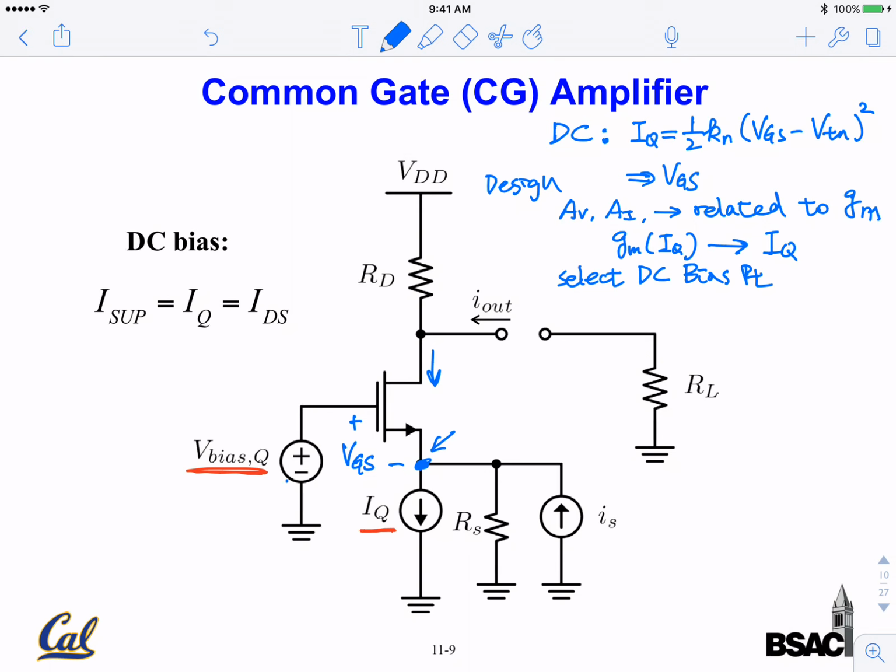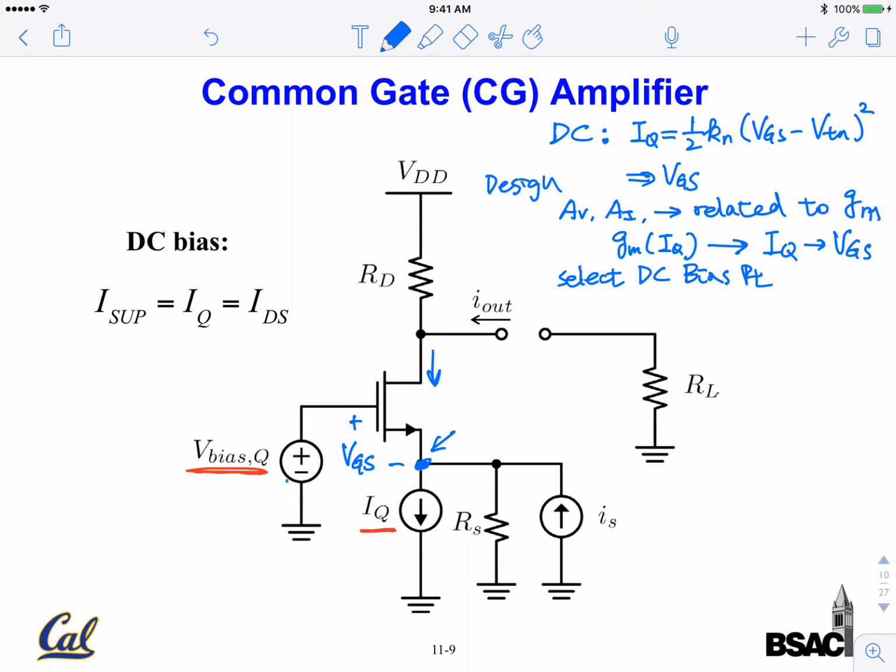By selecting IQ, I also select VGS. So these are all done. And I need to fix a voltage somewhere. So there is a lot of flexibility, but I usually want to choose, just like in your lab, the middle of the variation, so I have maximum headroom and maximum legroom.